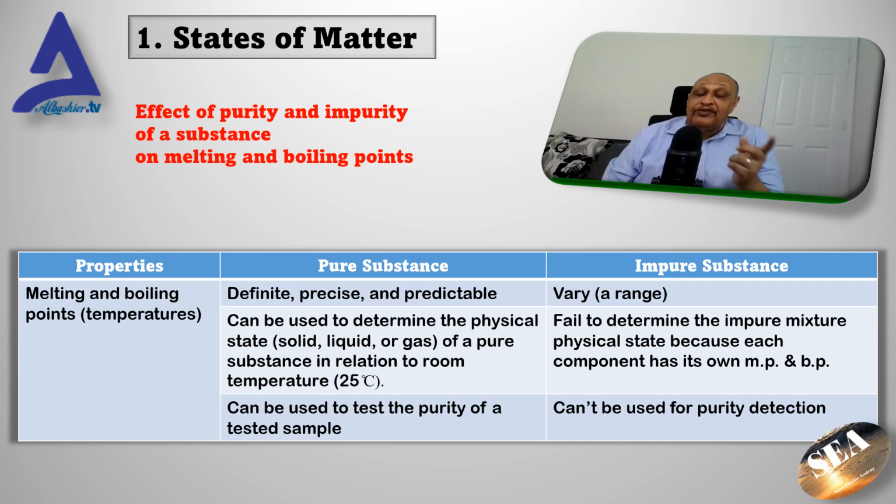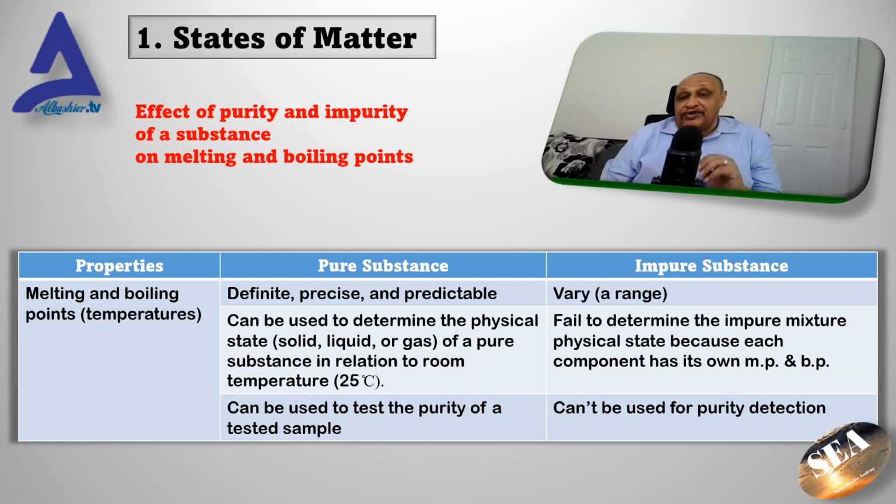And this is why I said before that the melting and boiling points are very important characteristics, and they determine whether this substance is pure or not, and also if it is pure, is it a solid, liquid, or gas?